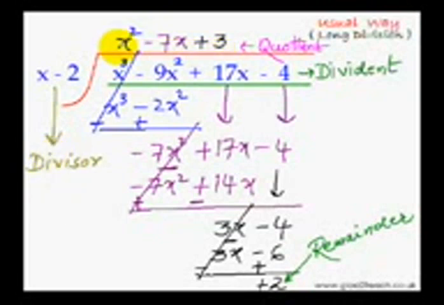Now it is interesting to note how the powers of x are gradually reducing in the quotient or the answer. See, here it was x square, here it became x raised to power 1, and here it disappeared completely. That means it must have become x raised to power 0.